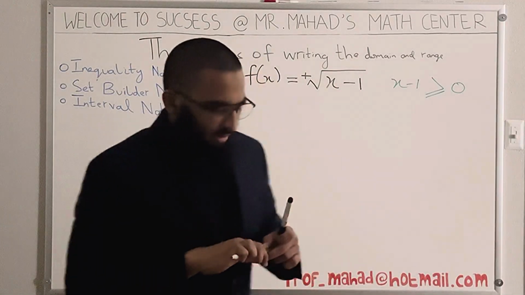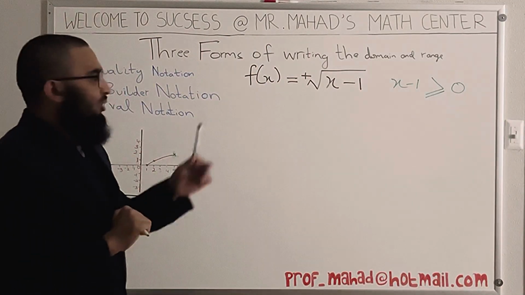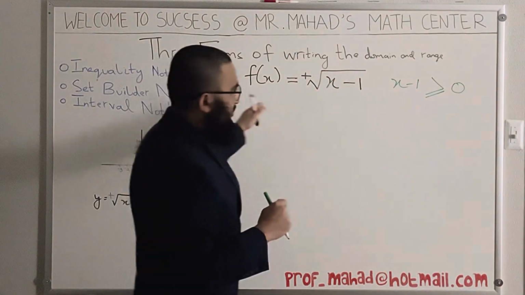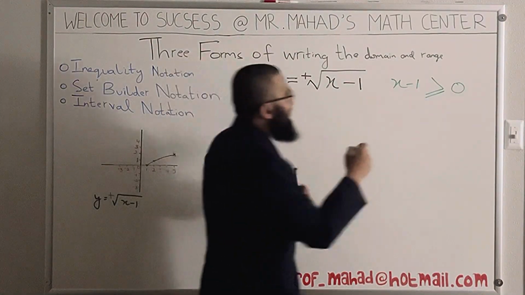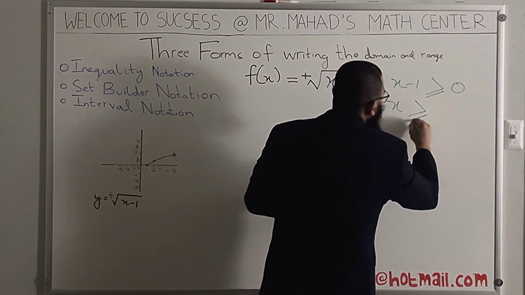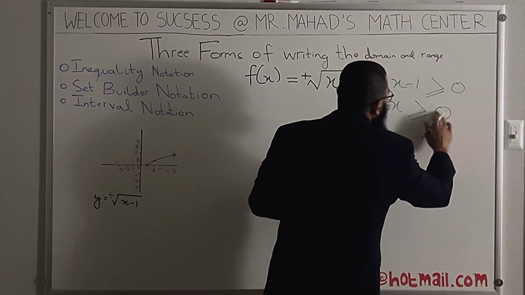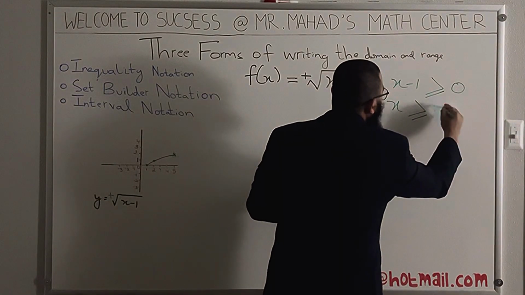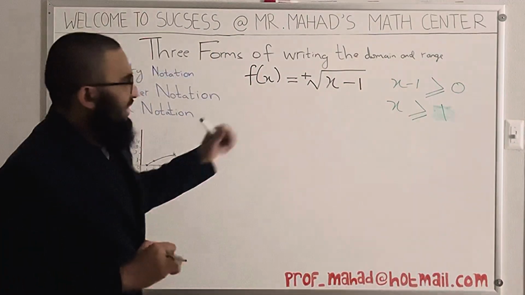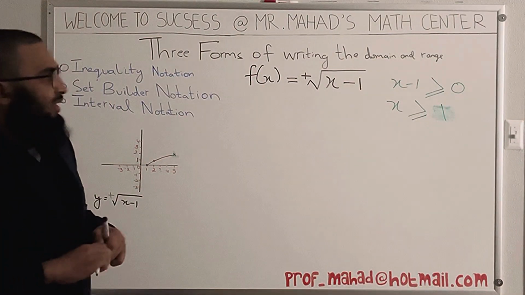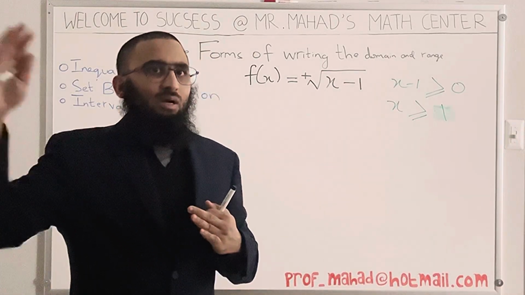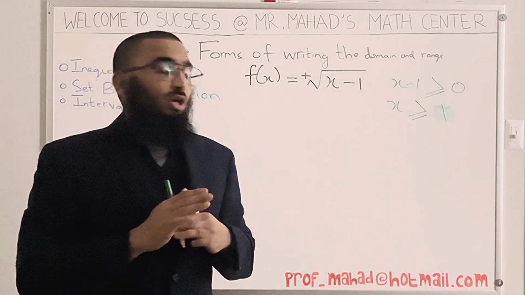So let's see what x values qualify to be the inputs of this function. If I solve this inequality, I get x is greater than or equal to 1. So we know that x can start from 1 and move all the way above, but it cannot go below 1.